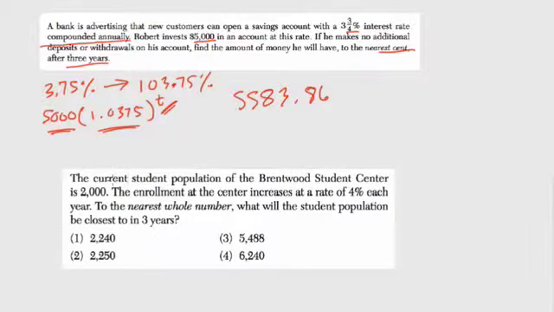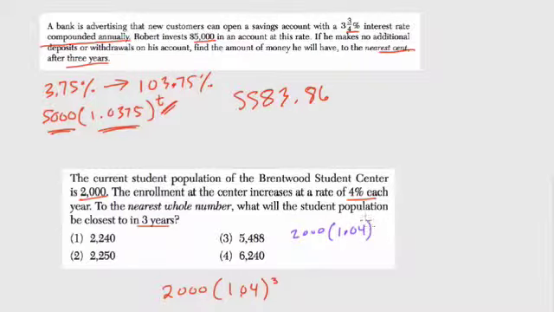Here we have a student population of 2,000, so our starting amount is 2,000. The enrollment increases at 4% each year. What's going to happen in 3 years? We do 2,000 times 1.04 to the third power. Why? Because we start off with 2,000, and then we grow by 4%, which is 1.04 times larger than 2,000.